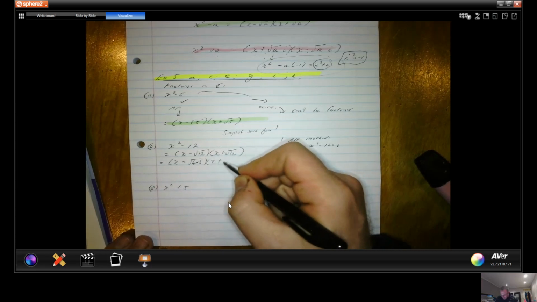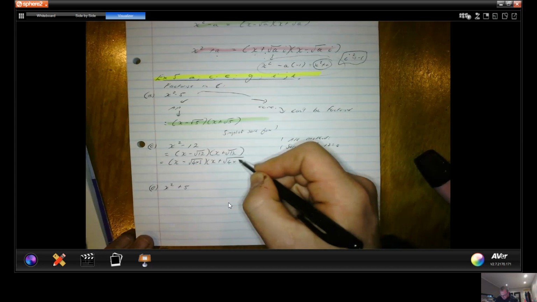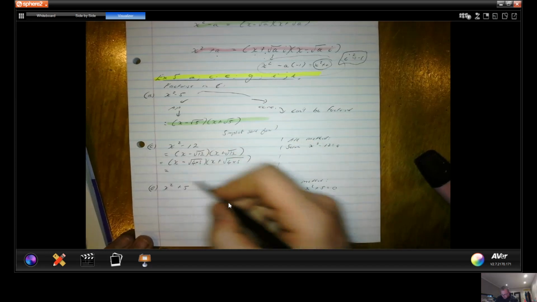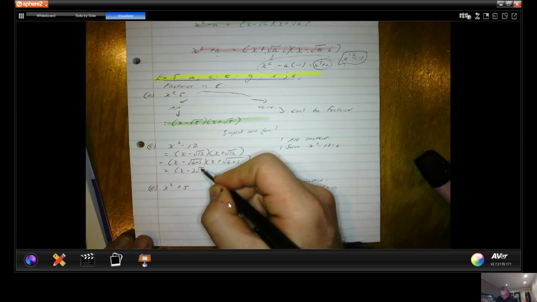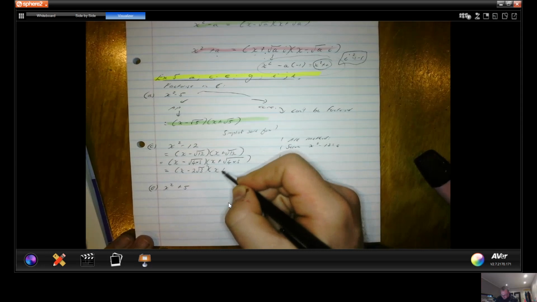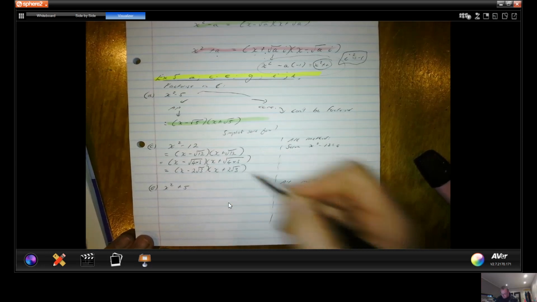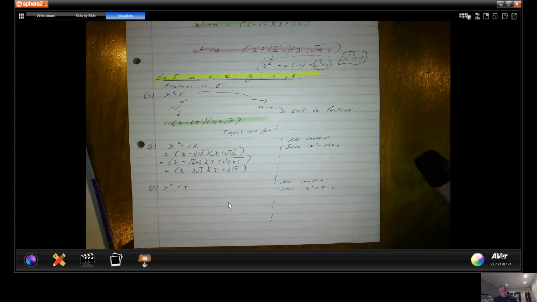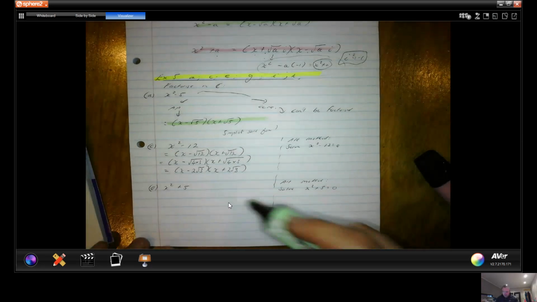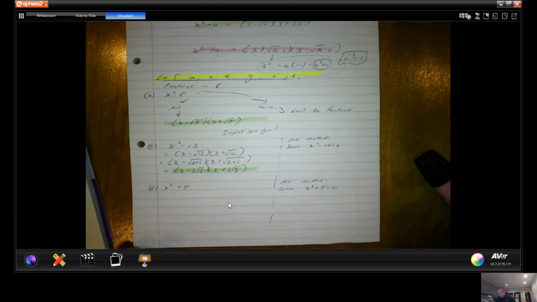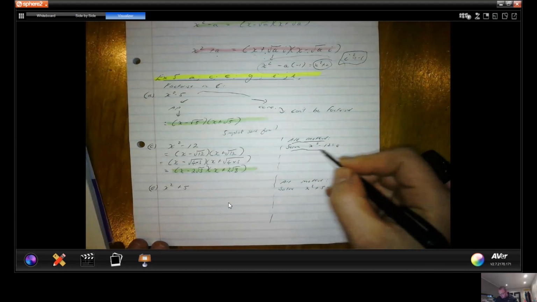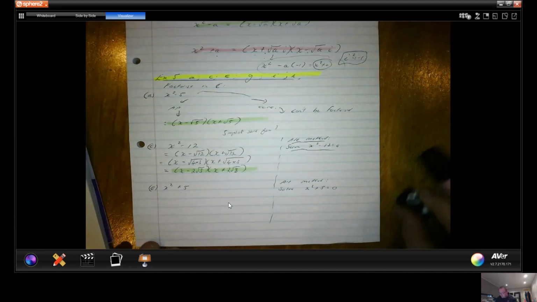Remember, one has to be a perfect square, 4 times 3, which will become x minus, well, the square root of 4 is 2. You can do them separately because it's times, x plus 2 root 3. So there is your solution over here. It factorizes to x minus 2 root 3, x plus 2 root 3. Your textbook likes to do this. They like to solve the equation.